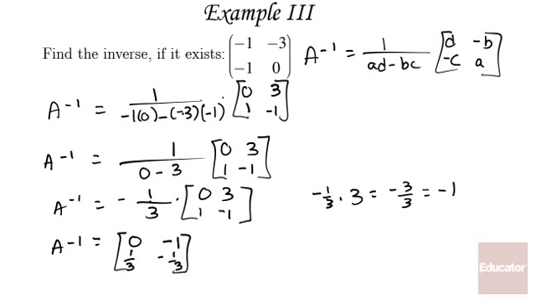Okay, so again, I was asked to find the inverse. I used this formula. I first found the determinant, and I determined that it was negative 1/3. Therefore, I could find the inverse. And then I multiplied it by the matrix, which consists of switching the positions of these two and reversing the signs of these two.